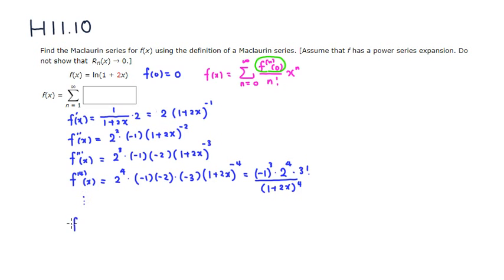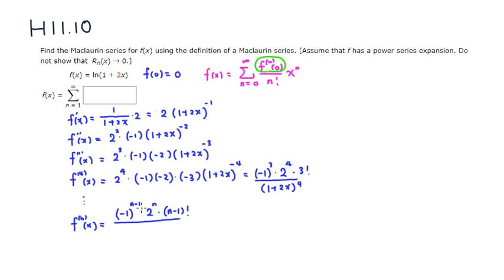So if you take the nth derivative, then we should get the following. The power on the negative 1 is 1 less than the number of derivatives, so it's negative 1 to the n minus 1. And then you have a 2 to the n, same as the number of derivatives. And then you have n minus 1 factorial.